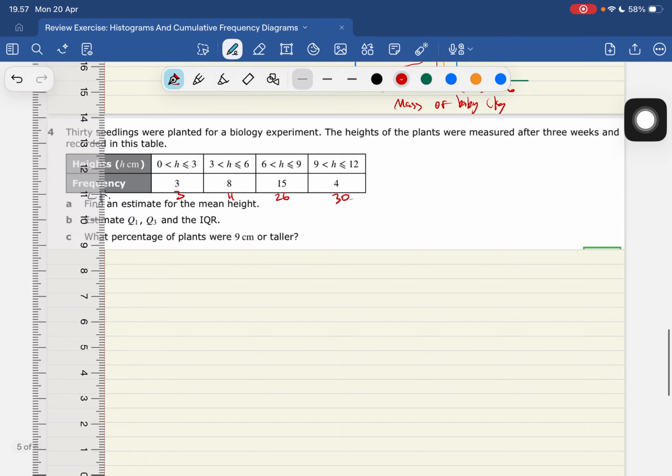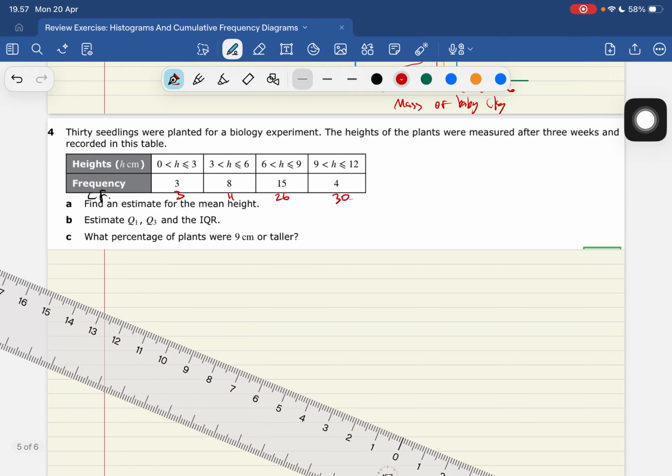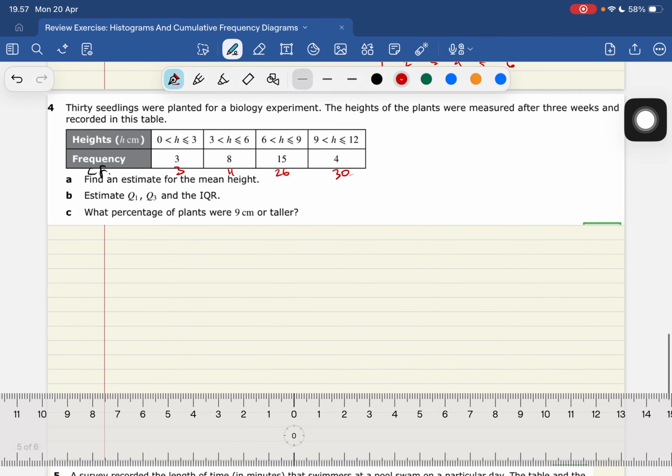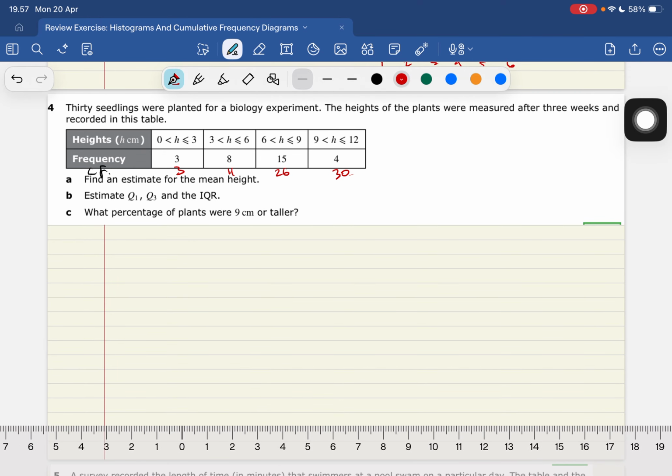So let's use the ruler from 0 to 12. I think we can, let's count it from here, 1 to 12. Okay, we got it until 12.